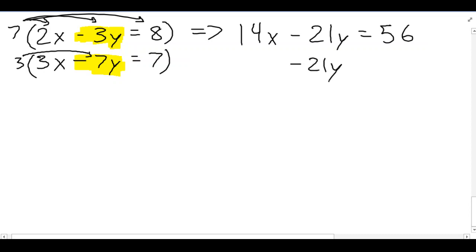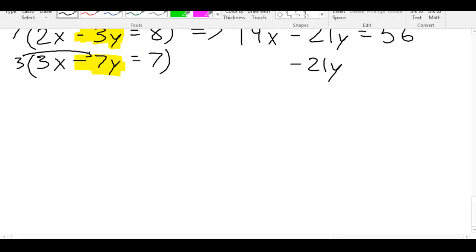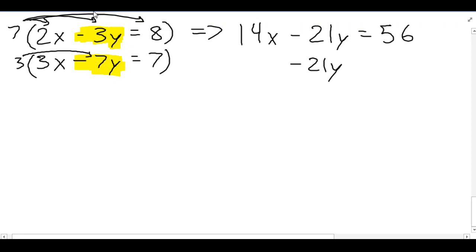Now, when you add these two equations together, negative 21y plus another negative 21y does not eliminate each other, right? They need to have one positive and one negative. So a quick fix for this is to multiply not by a positive 3, but multiply by a negative 3. So when you multiply by a negative 3, negative 3 times negative 7 will give you a positive 21. That way, your y's cancel out.